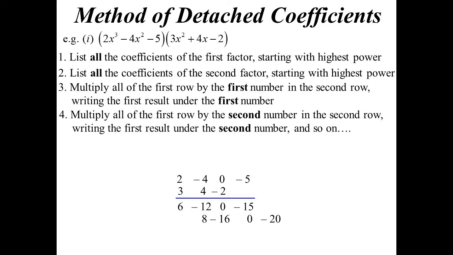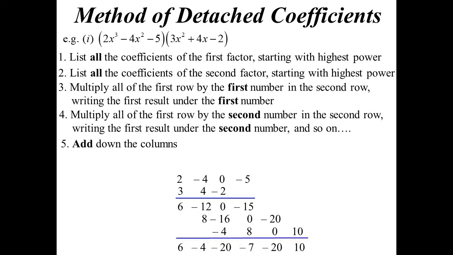So I'm going to multiply everything by 4, but I start in the second column. Guess what you do next? Multiply everything by the third number, but we'll start in the third column. Now we just add down those columns and we have our answer.